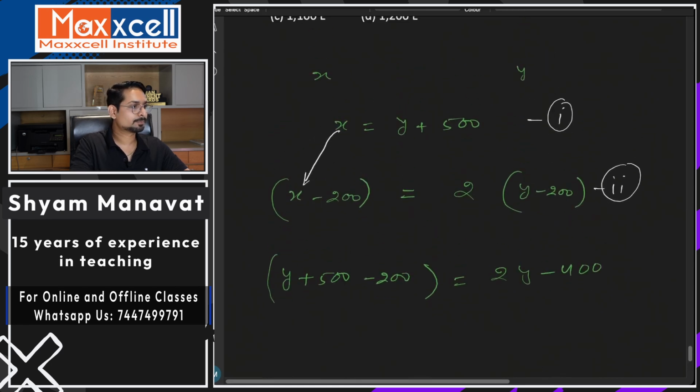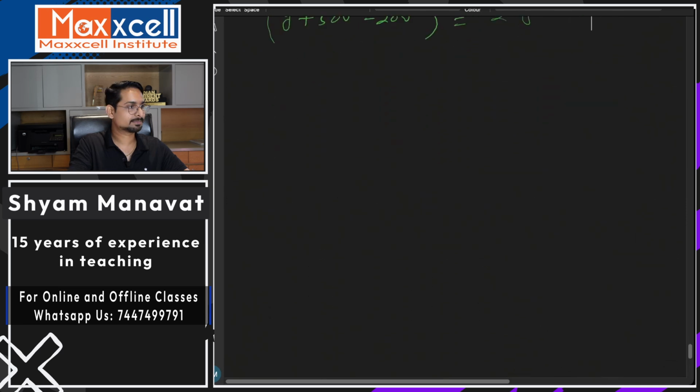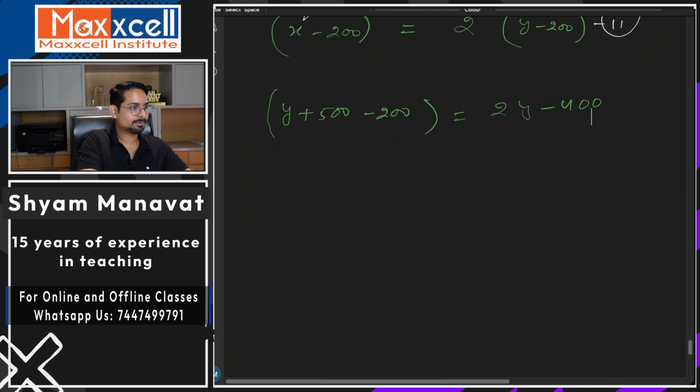Now you simply solve this equation to get the value of Y. Y plus 300 equals 2Y minus 400.